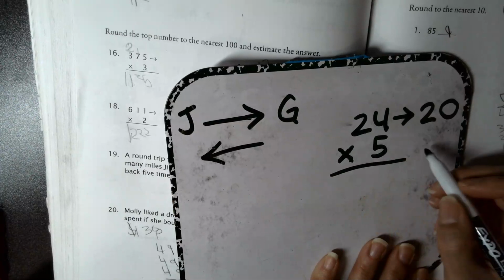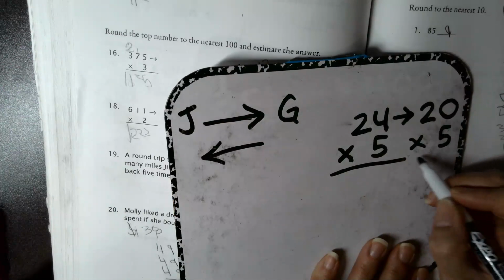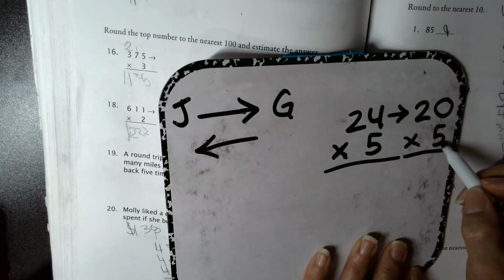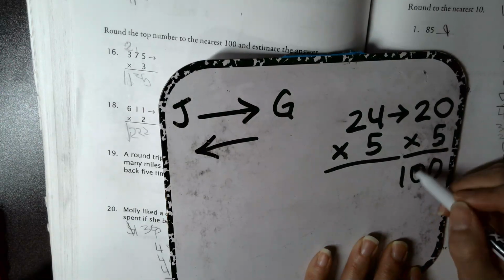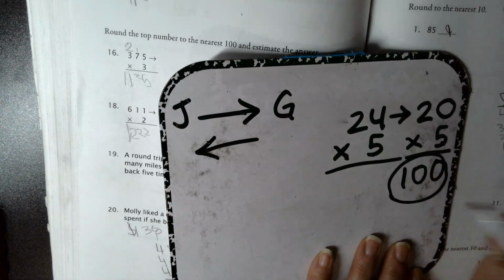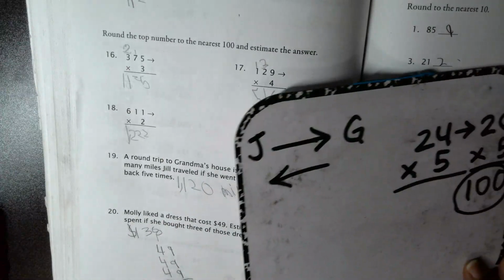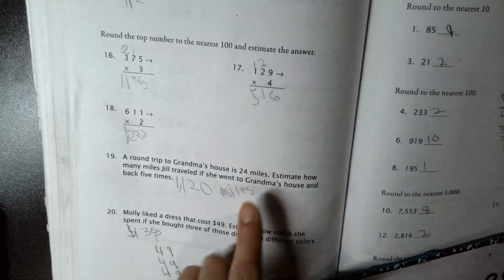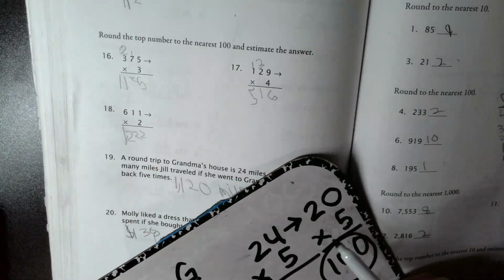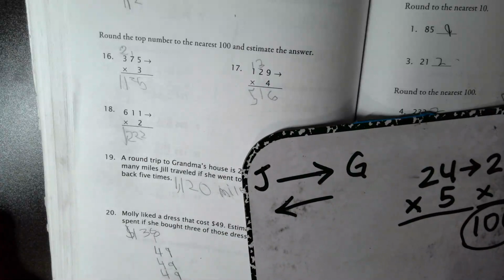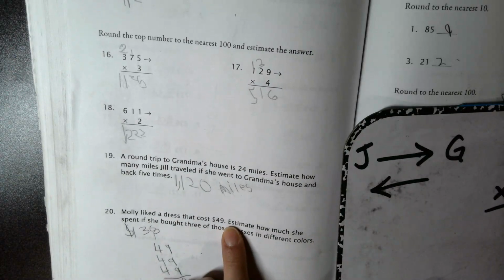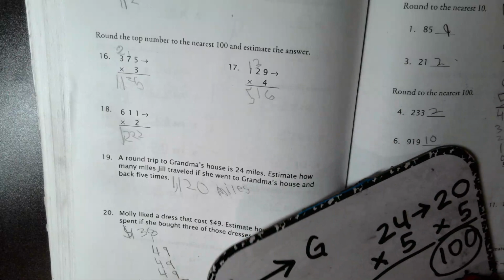Okay, then we just move this over times 5, and then we can solve. 5 times 0 is 0. 5 times 2 is 10. So it's 100. That's the estimation. Okay, so make sure you do this step of estimating before you solve. If it says to estimate, make sure you do that first.